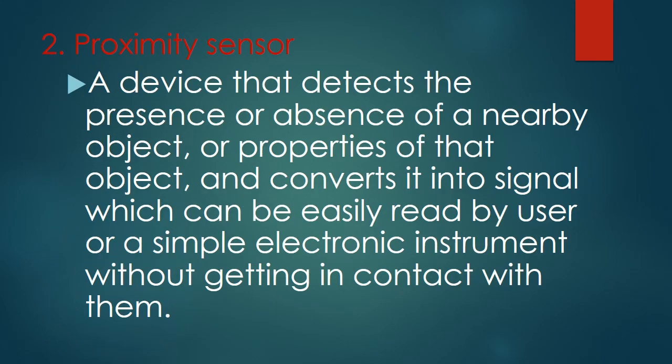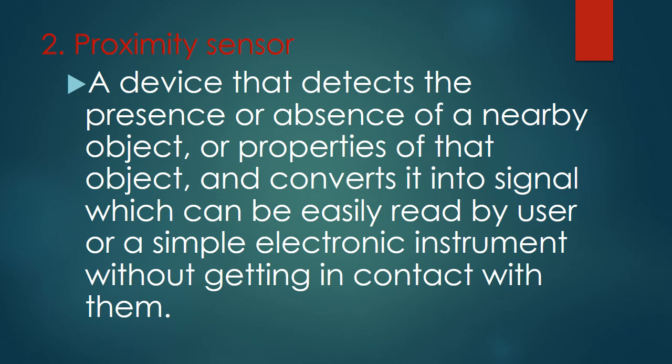Another example of a sensor is a proximity sensor. So a proximity sensor is a device that detects the presence or absence of a nearby object or properties of that object and converts it into a signal which can be easily read by a user or a simple electronic instrument without getting in contact with them.